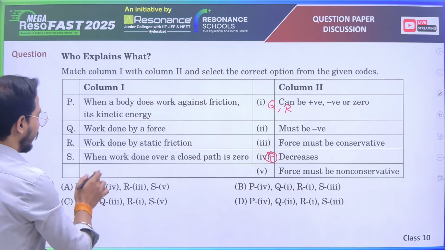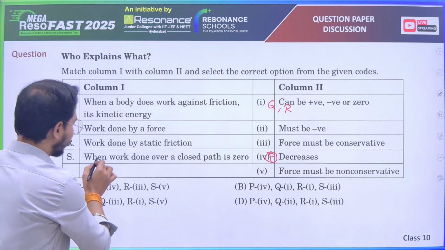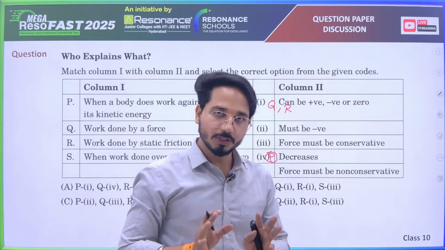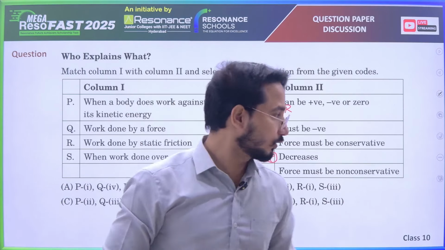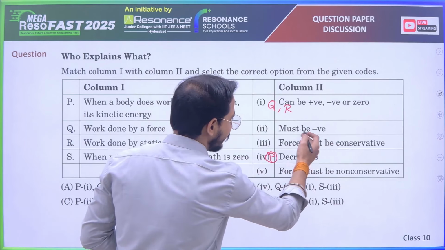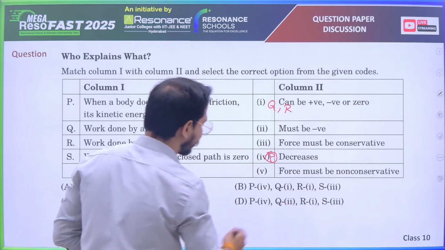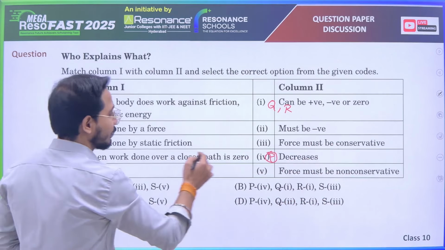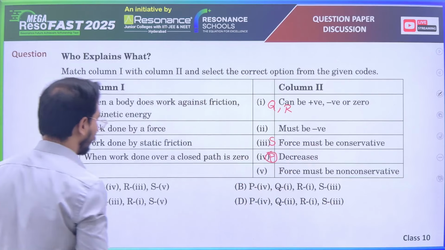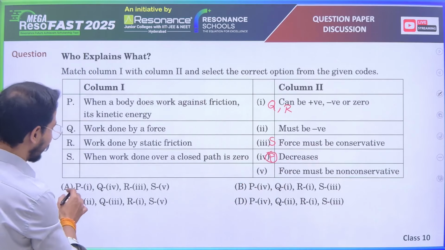Best match. Now for S: when work done over a closed path is 0, then what happens? The force must be conservative, must be negative, or force must be non-conservative. So this matches with force must be conservative, point S, right? Now we will see the options.